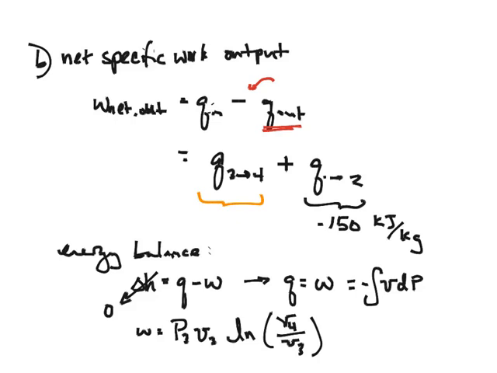Okay. Now we need to find V4 and V3 in order to evaluate this process. So let's do that now. So state 2, we already know. We've already found our state 2.